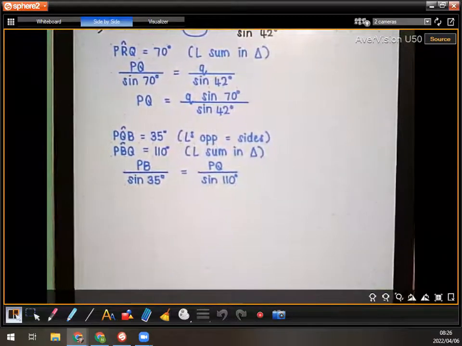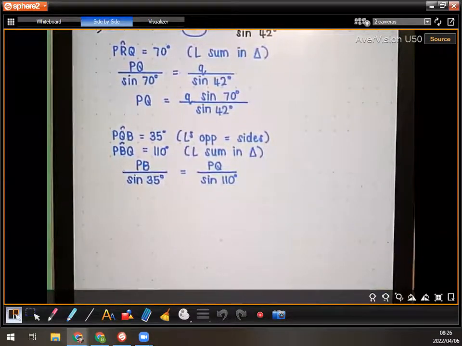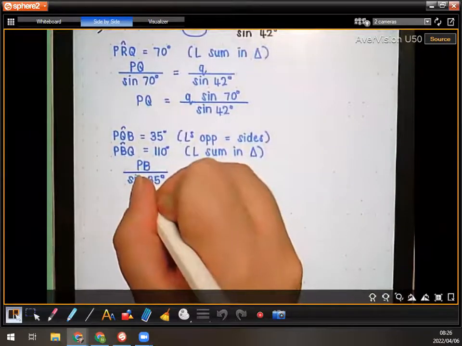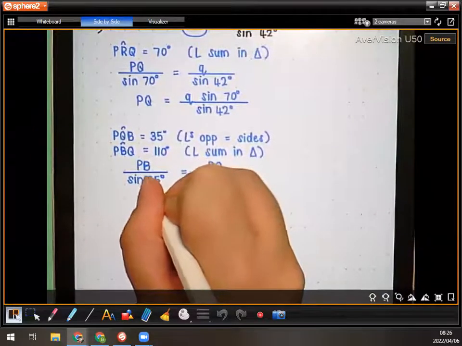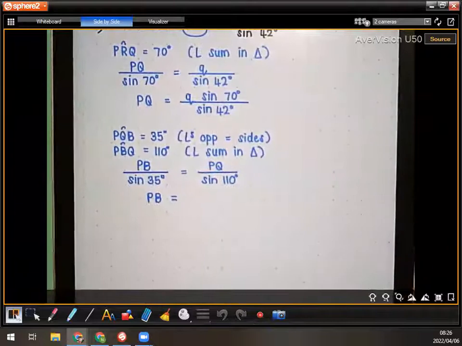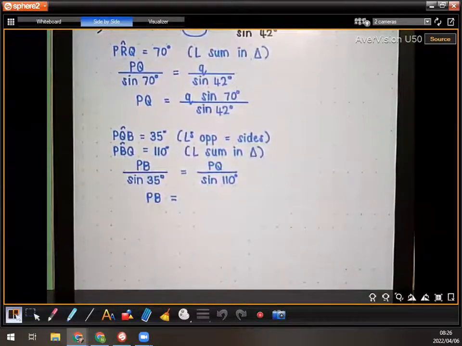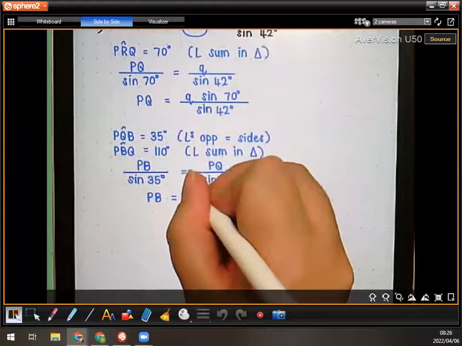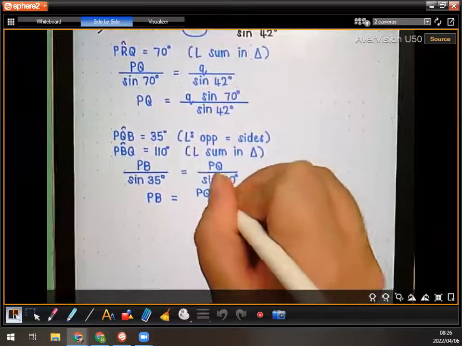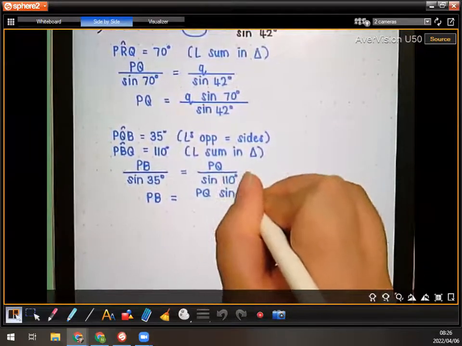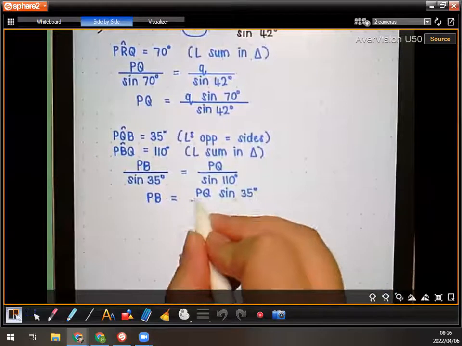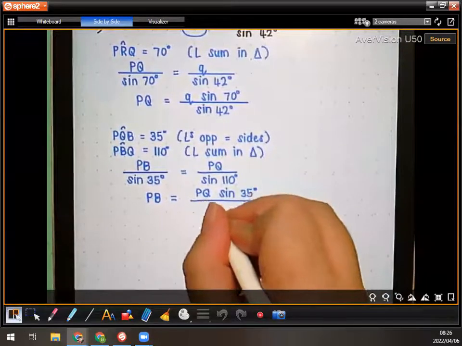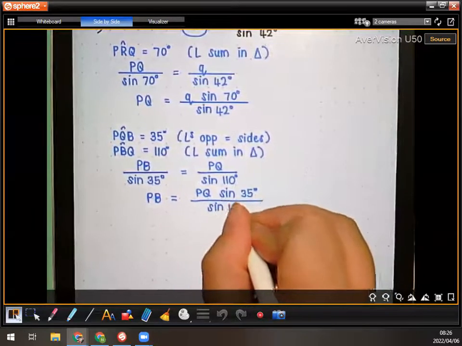Okay, we don't do that right at the start, so then we end up with quite a complicated thing to work with. So now I'm going to make PB the subject. I'm going to move that sine 35 over to the other side. So we're going to have PQ sine 35 over sine 110.